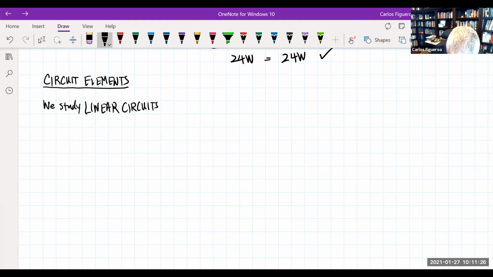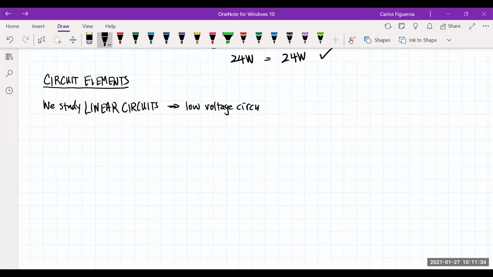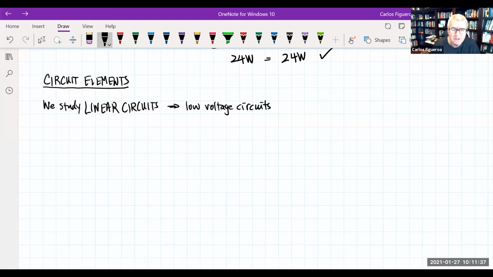We study linear circuits, and that implies that these guys are really low voltage circuits. And when you have low voltage circuits, then Kirchhoff's voltage and current laws, Kirchhoff's laws, are valid.